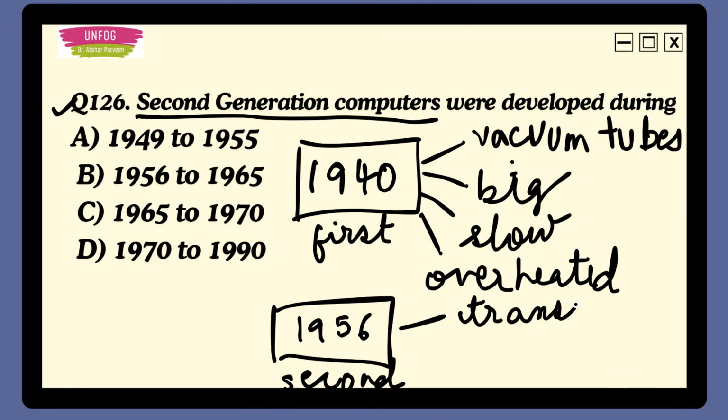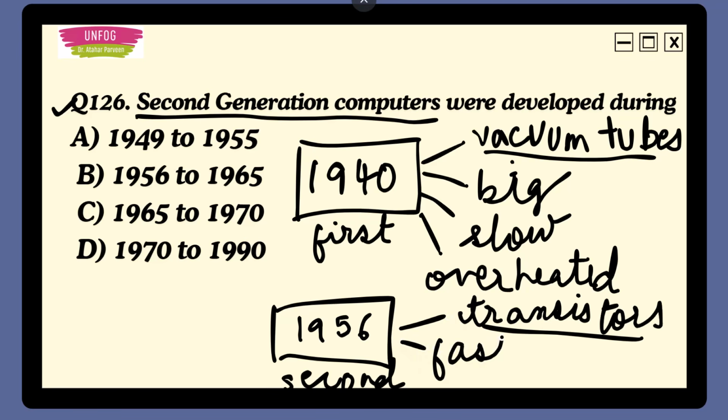This word also you have to remember, transistors. For the first computer they used vacuum tubes; for the second computer they used transistors. They were very fast and took less power, so they were better than the first generation computers.